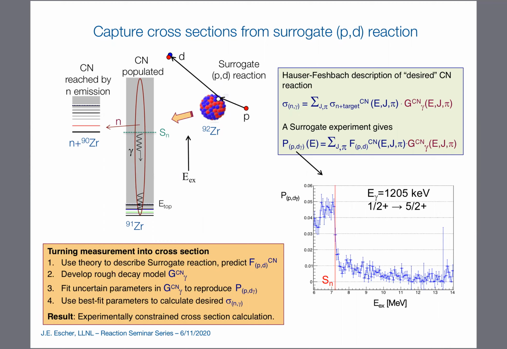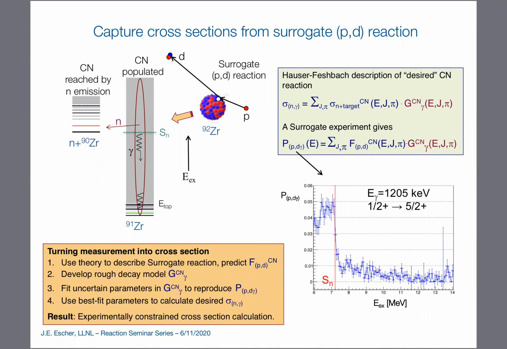So when we do a surrogate experiment, it looks something like on the left-hand side. We start with a target projectile combination, such as protons on zirconium-92. We do, in this case, a (p,d) reaction that makes a hole in the zirconium-92, and it gives us an excited state in zirconium-91.